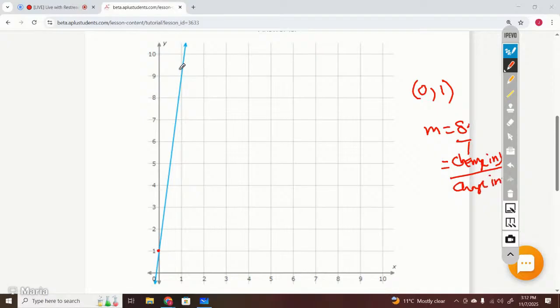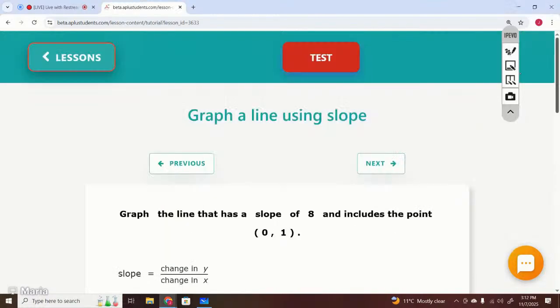So y means you have to go up 8 points and then go right 1 point. So here is the other point. That is the slope. Go up 8 points and go right 1 point. So here is another point. Just join these 2 points and make a line.